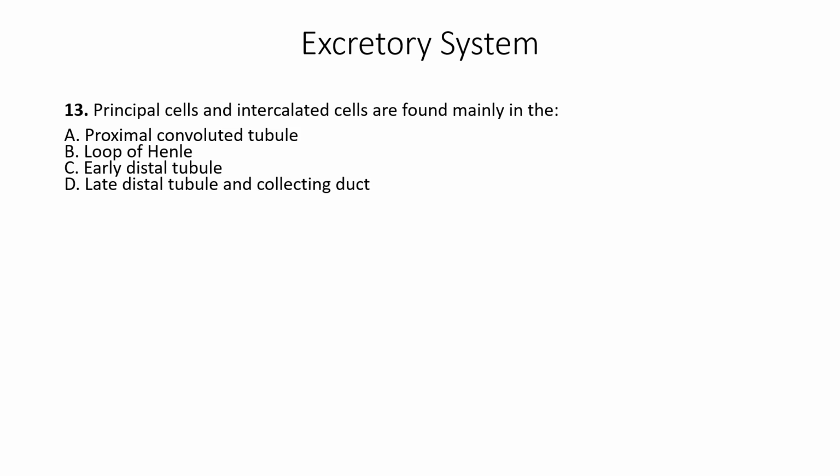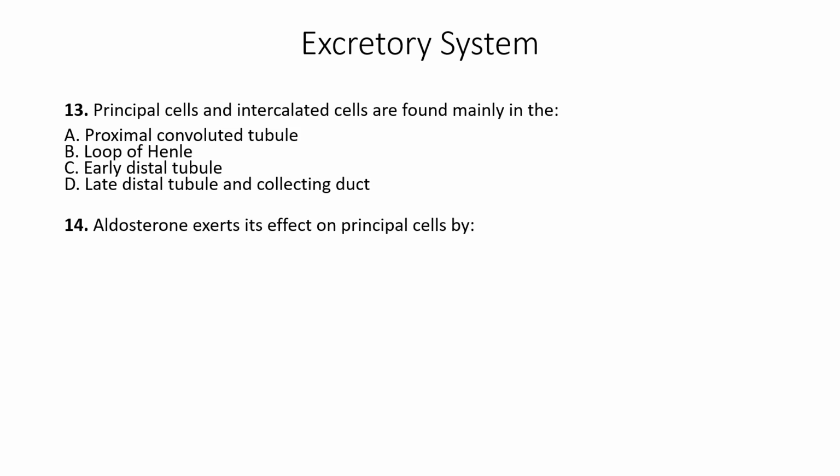So it's like the final decision making when it comes to regulating the composition of urine. These cells work together. The principal cells are important for water and sodium balance, while these intercalated cells are important for the acid base balance. So that's kind of what they do. And yeah, they have some very important transport proteins. I think I have a question on that, so I won't spoil it right now.